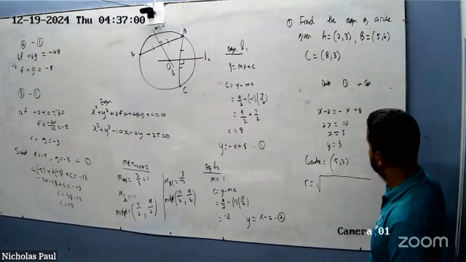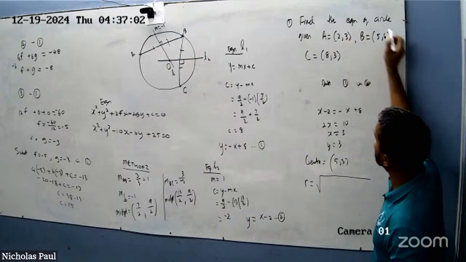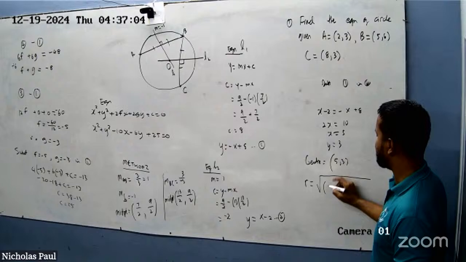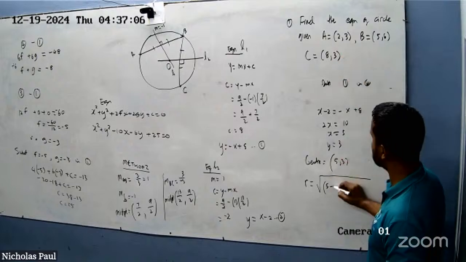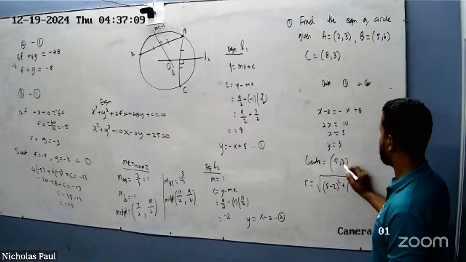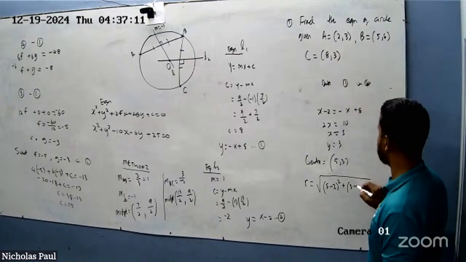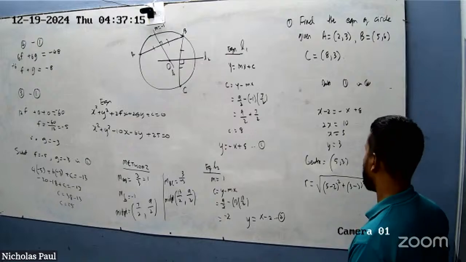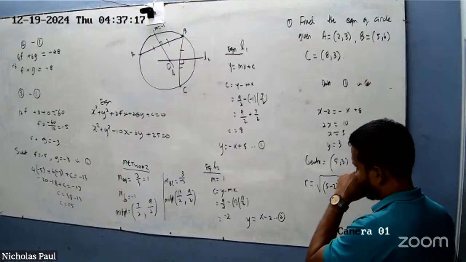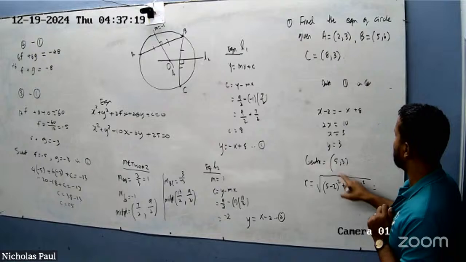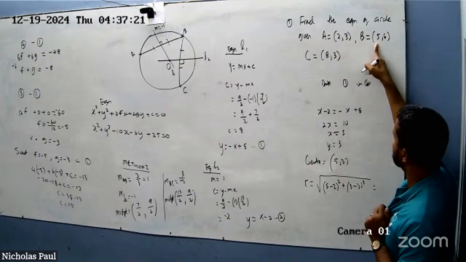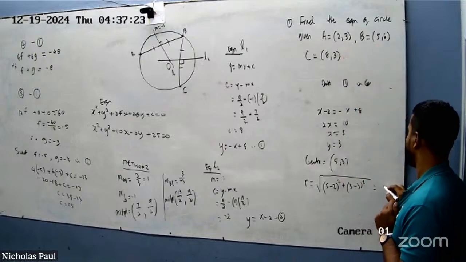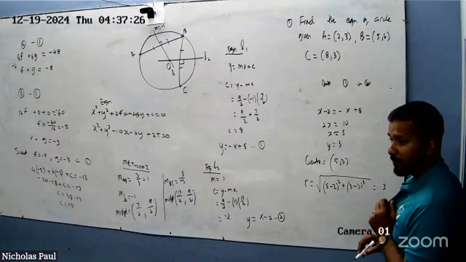The radius is the square root of (x minus 5) squared plus (y minus 3) squared, using any point you want. 5 minus 5 is 0. I get the radius of 3.